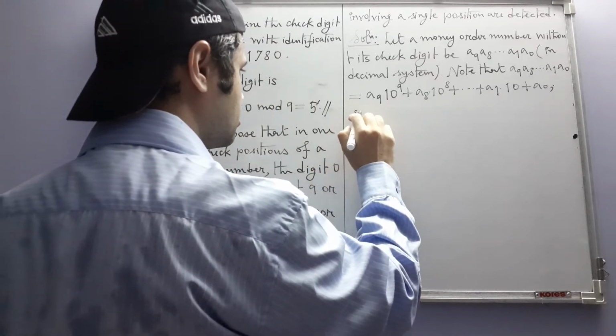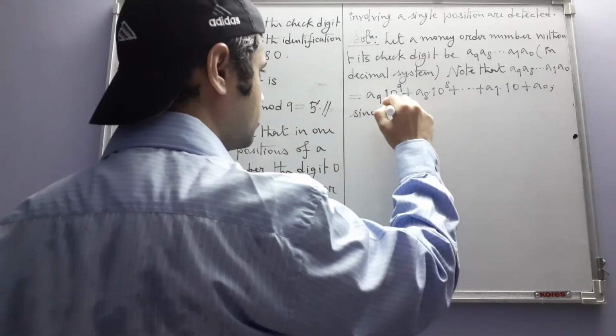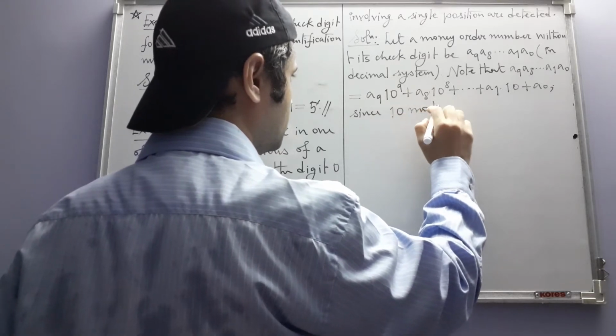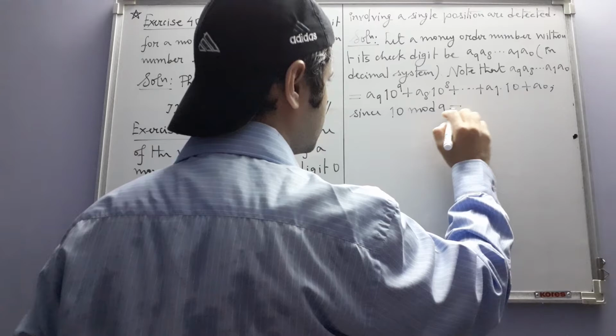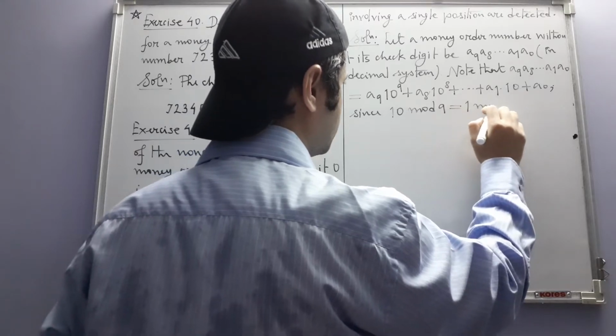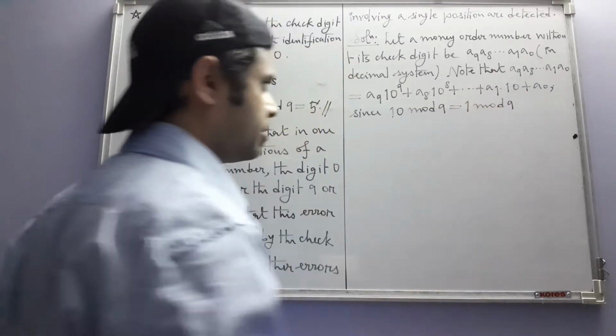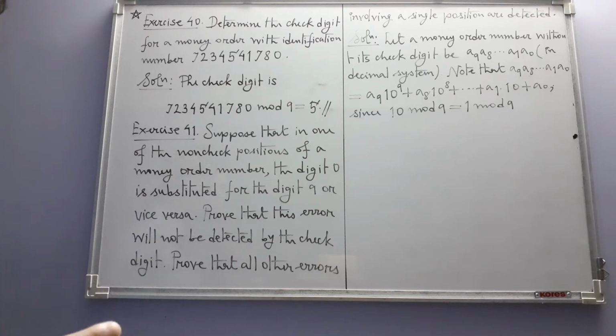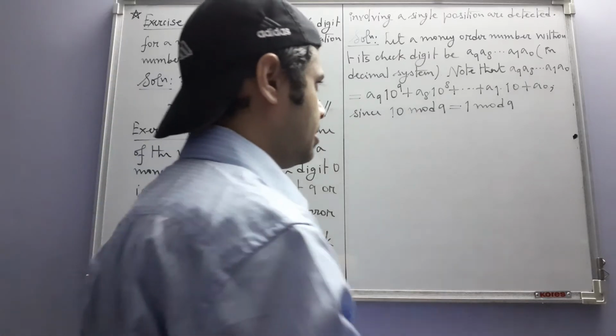Now since 10 mod 9 is equal to 1 mod 9, whether you divide 10 by 9 or 1 by 9, you get the same remainder, which is 1. So that's why they are equal.